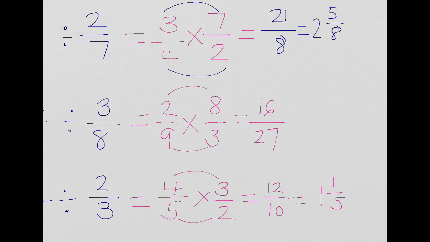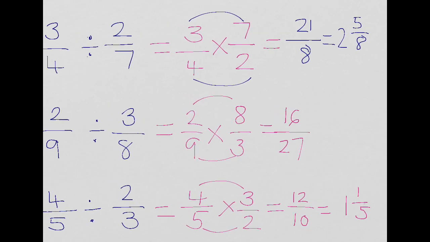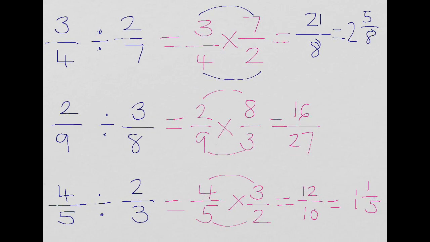Now, if you've got 1 and 2/10, that's because you didn't cancel down your 2/10. Your 2/10 can be cancelled down to 1/5 because 1/5 and 2/10 are equivalent fractions. So actually, dividing fractions, as long as you remember that dividing by 2/7 is the same as multiplying by 7 over 2, there's nothing new to learn.